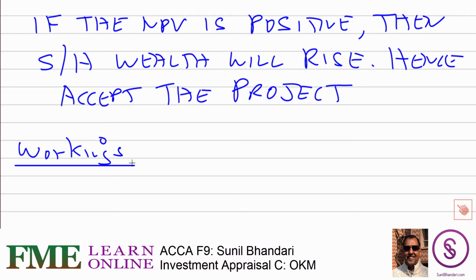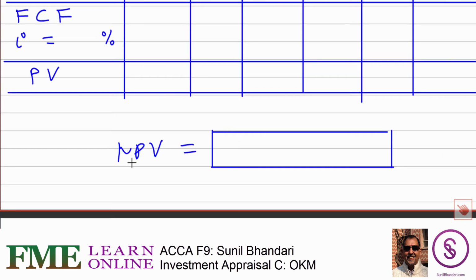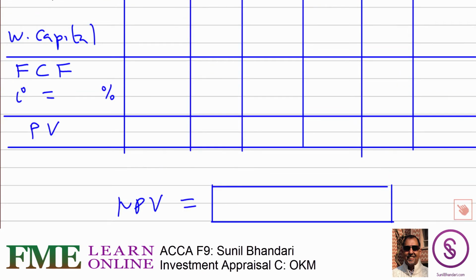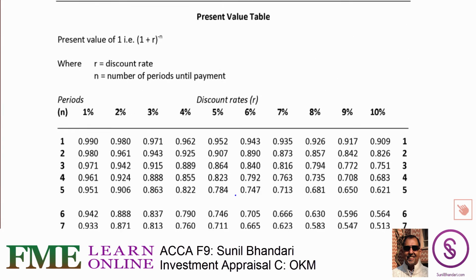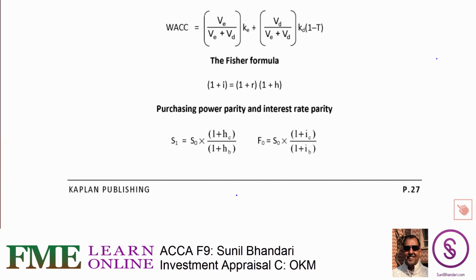I like to start with the cost of capital. I like to get the cost of capital in first of all, so I'm going to do that here as my working number 1. On my cost of capital here, I've got to show the method I'm going to use, which is to use off the formula sheets. I'm going to use the Fisher formula.